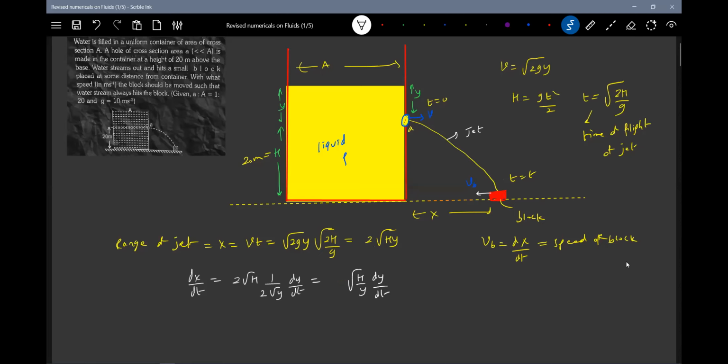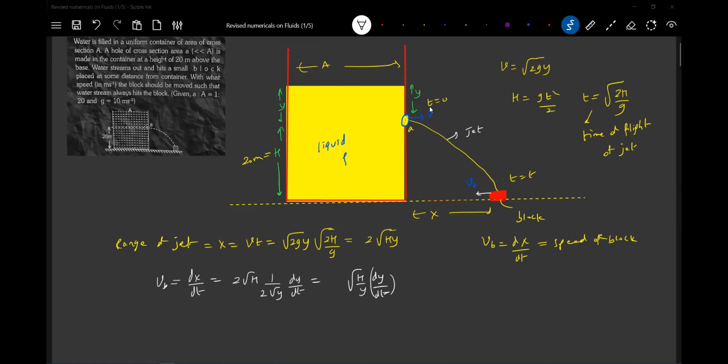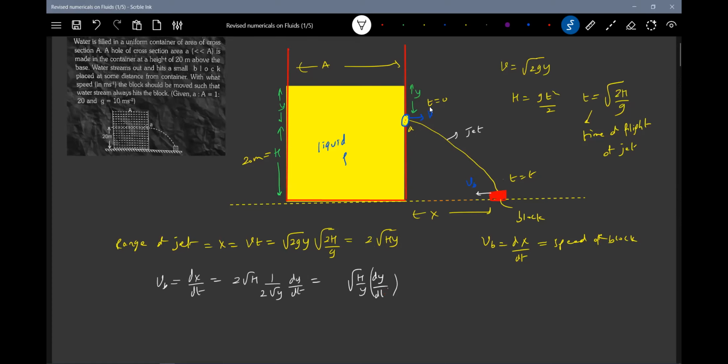So this is nothing but the velocity of the block. Now dy by dt has to be replaced. Try to notice this. How to replace dy by dt? I'll go for the velocity of efflux, like a flow rate formula. Applying the equation of continuity, A into minus dy by dt should be equal to a into v.